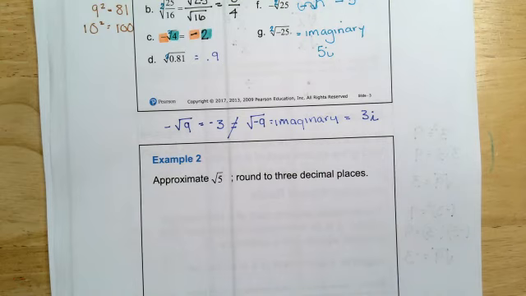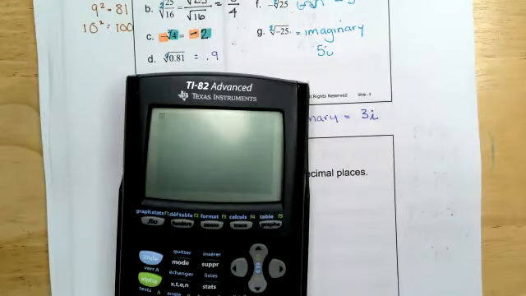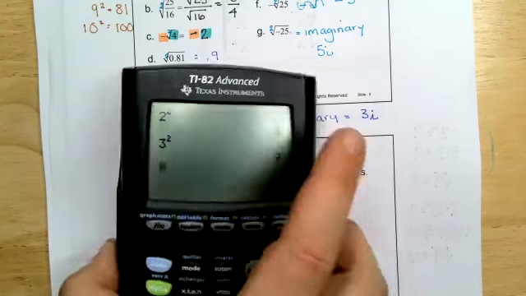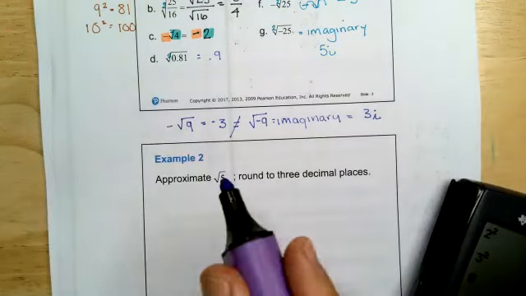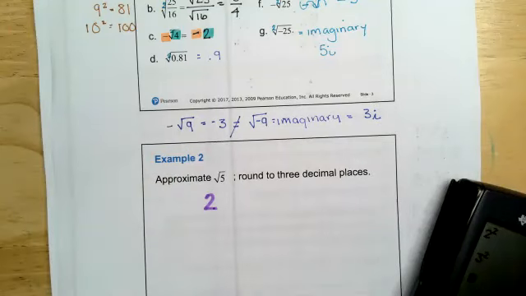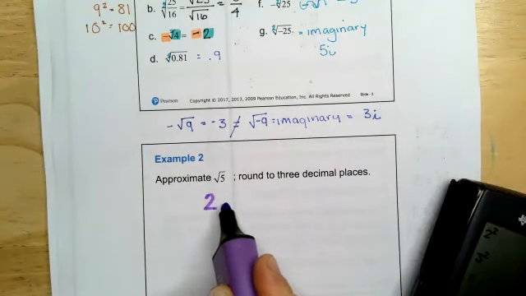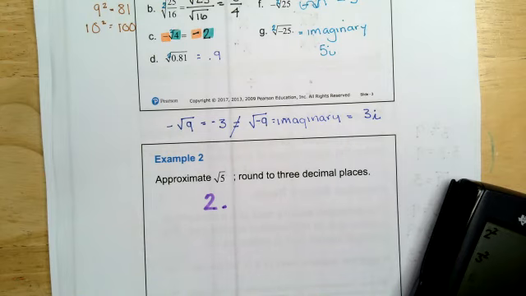What number can I multiply by itself to get 5? Right? I know that 2 squared is 4, and I know that 3 squared is 9. 5 is between the numbers 4 and 9, so I know it's going to be somewhere between a 2 and a 3, right? So I'm going to call it 2, and after that, it's going to be a decimal, right?